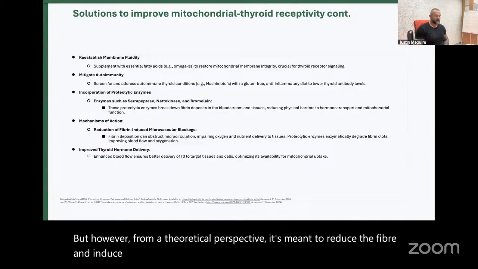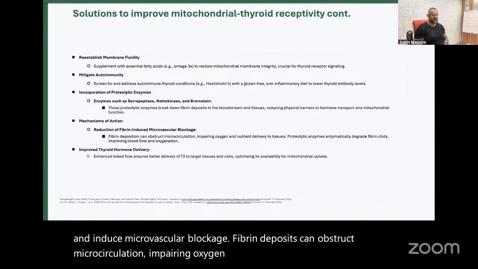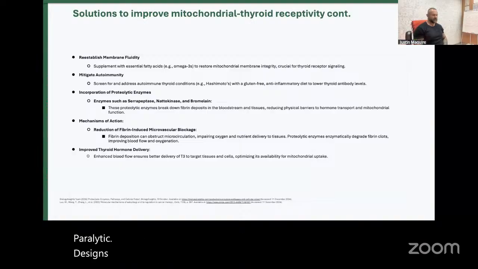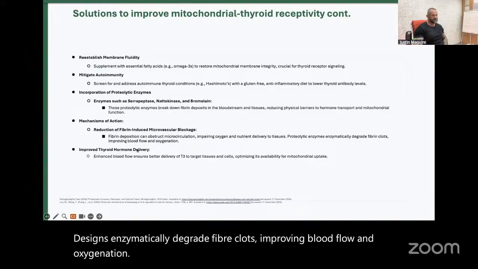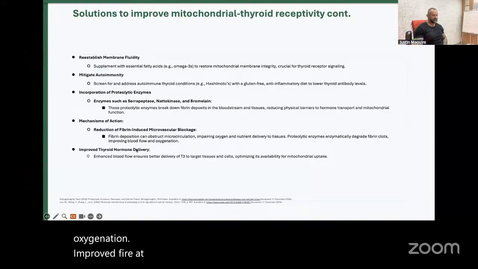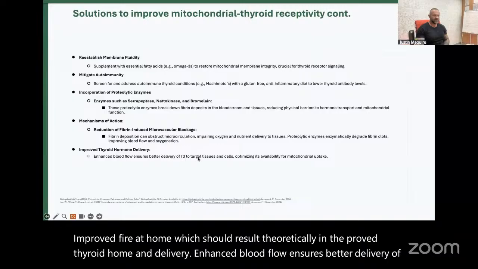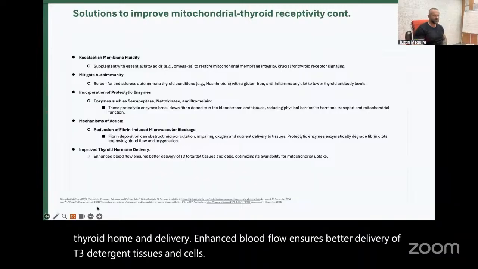Fibrin deposits can obstruct microcirculation, impairing oxygen and nutrient delivery to tissues. Proteolytic enzymes enzymatically degrade fibrin clots, improving blood flow and oxygenation, which should theoretically result in improved thyroid hormone delivery. Enhanced blood flow ensures better delivery of T3 to target tissues and cells, optimizing its availability for mitochondrial uptake. Again, this is all theoretical.